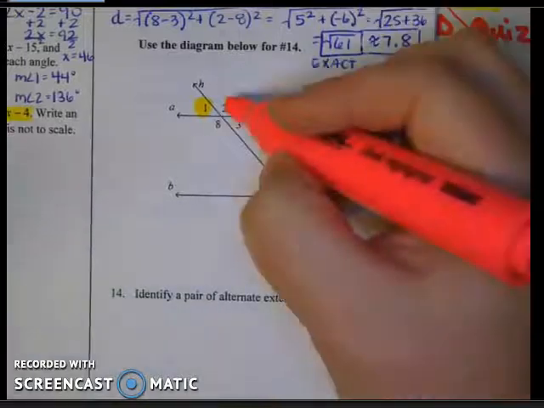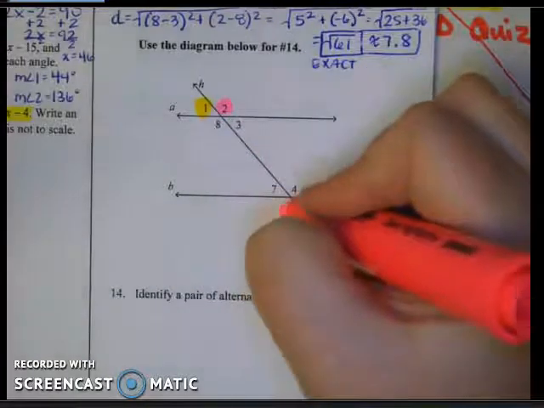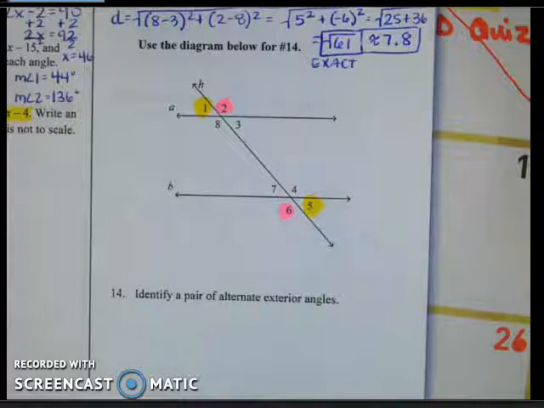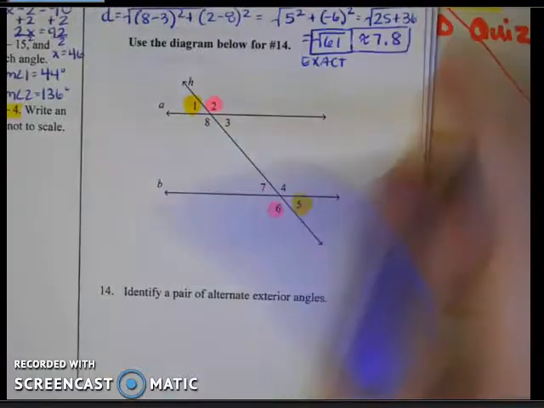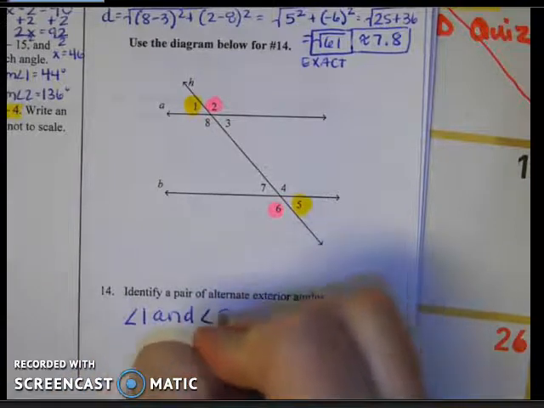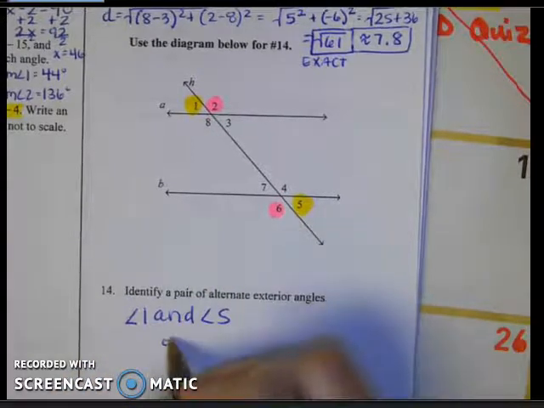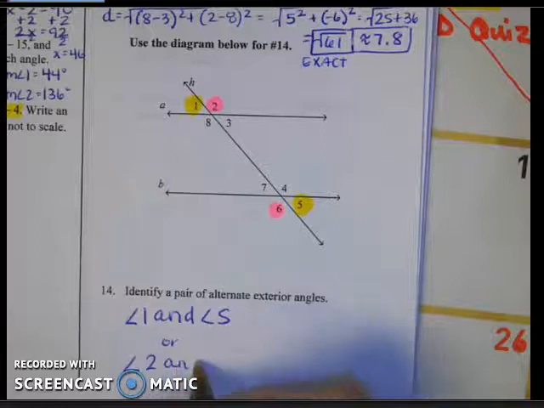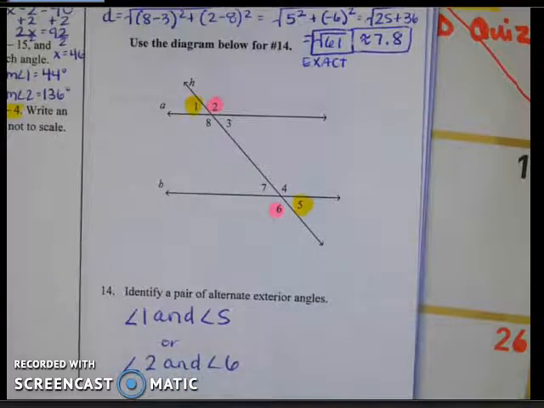And my other set of alternate exterior angles are 2 and 6. So either of those pairs would work: angle 1 and 5, or angle 2 and 6.